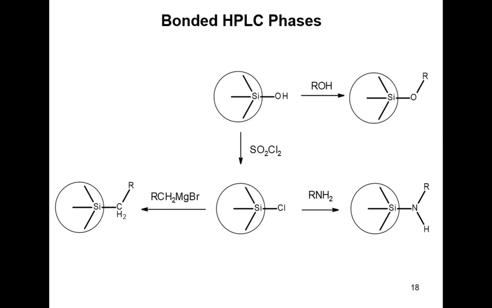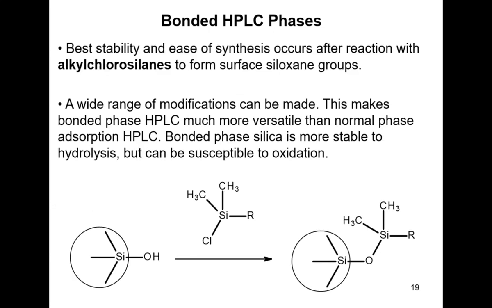And these generate materials which are relatively stable, but the chemistry is quite messy, with lots of byproducts, and hard to scale up to a manufacturing scale. So these were abandoned, and an alternative technique was developed, which was a much more efficient, cleaner process, with better yields overall, giving a better coverage of the silica surface.